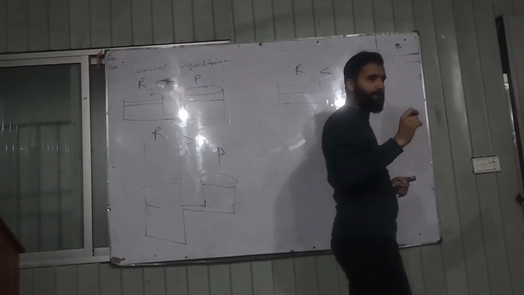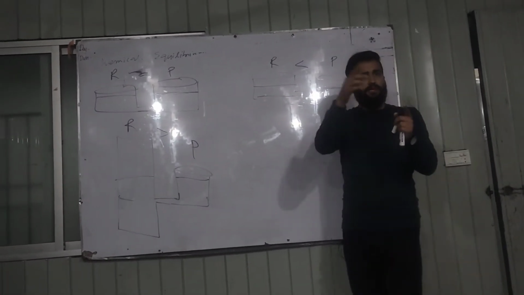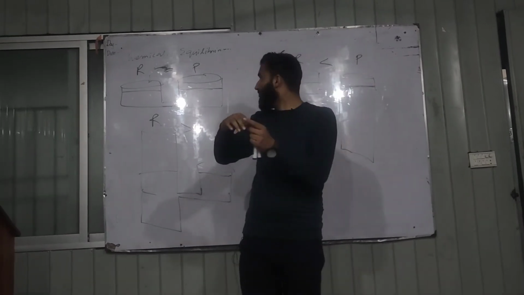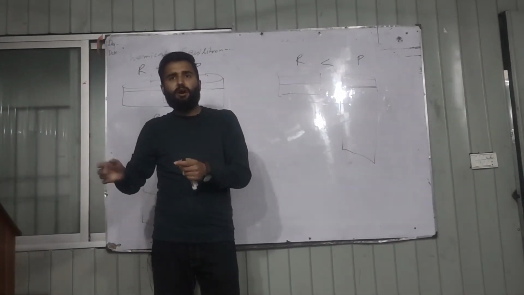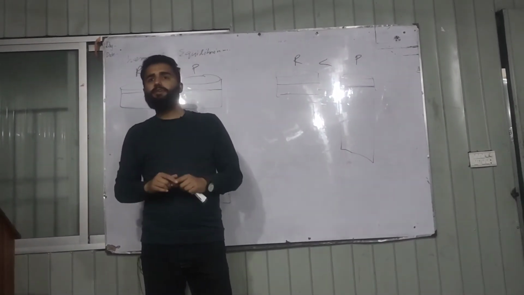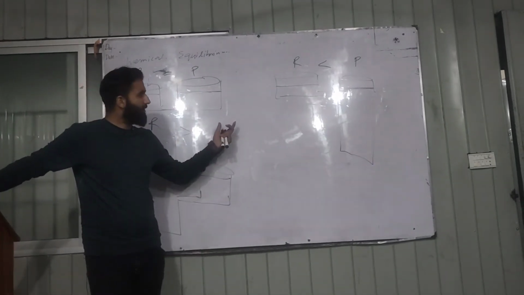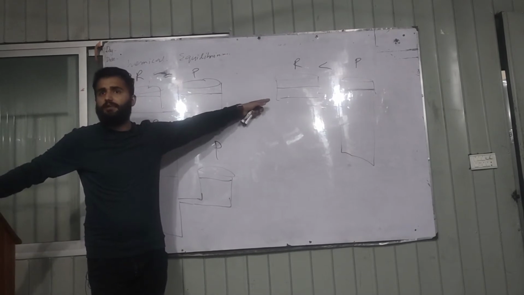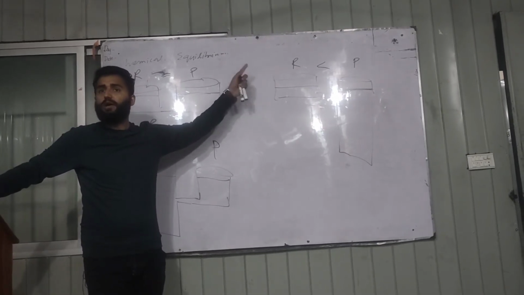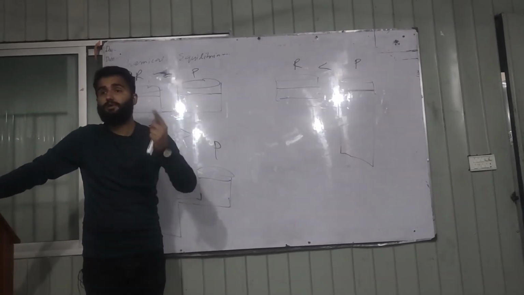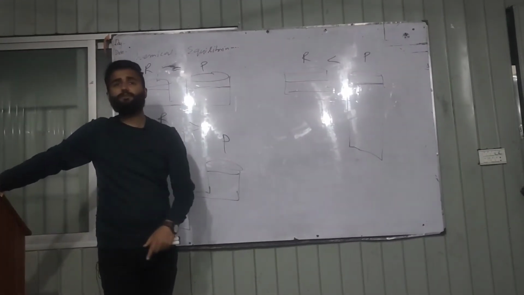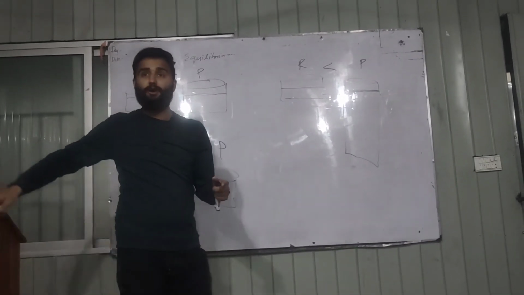There can be a state of equilibrium in which reactants are greater than products, the amount of products is greater than reactants, or both amounts are equal. So you can't define the equilibrium state with respect to concentration; you have to define chemical equilibrium from rates.